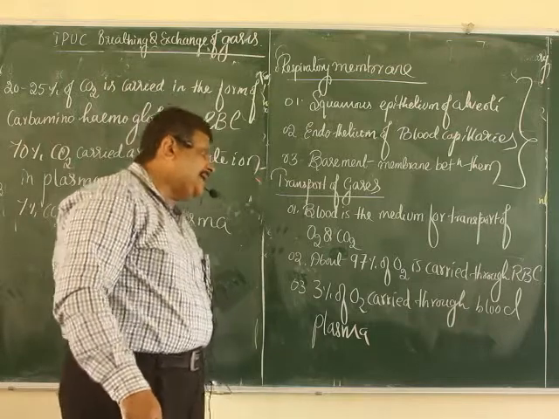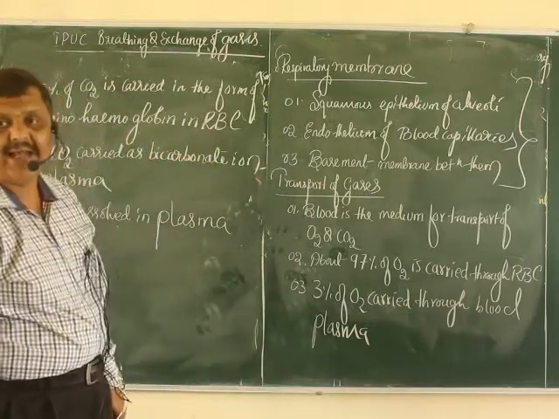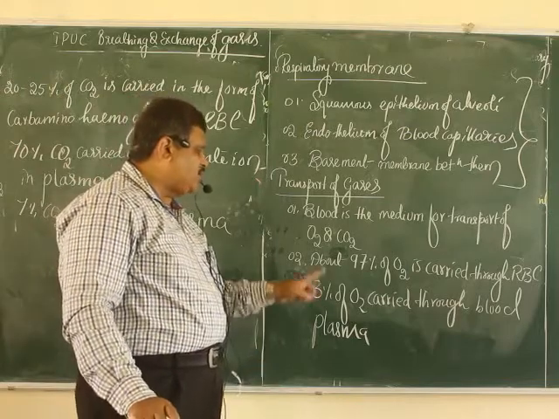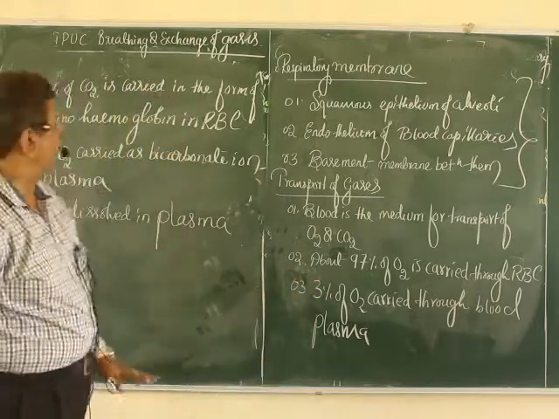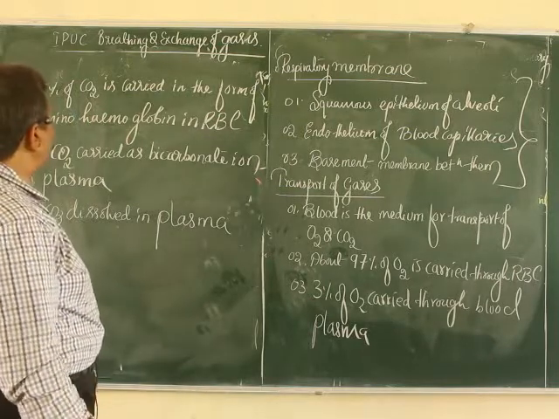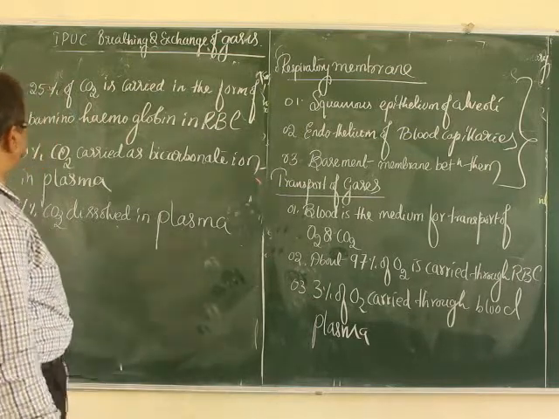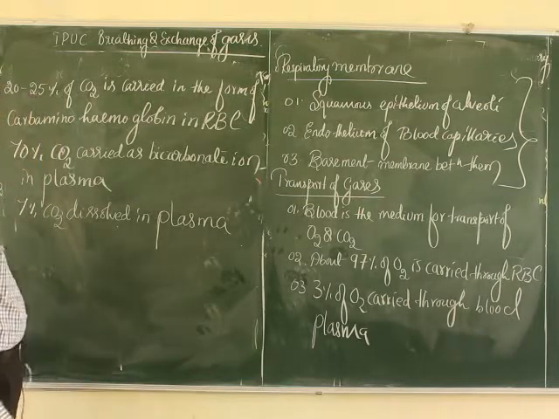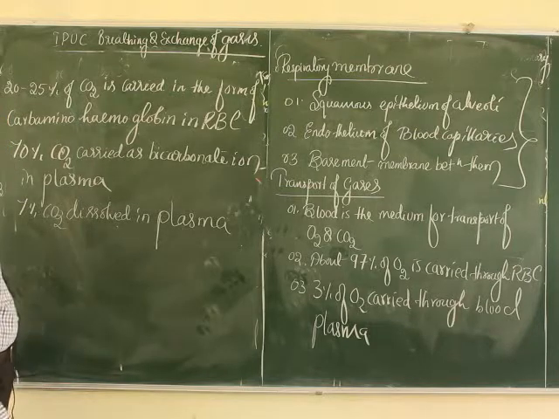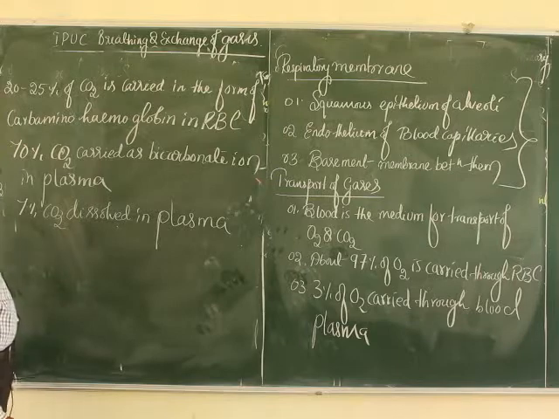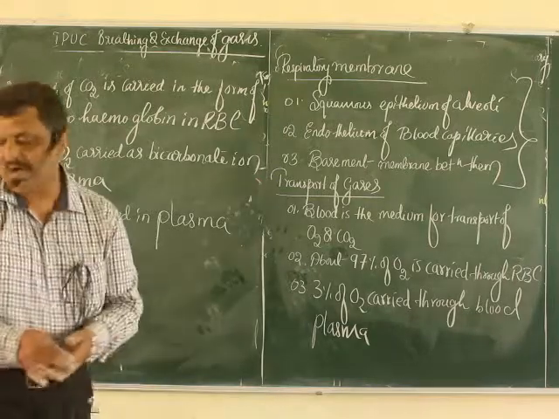About 97% of oxygen is carried through RBC. 3% of oxygen is carried through blood plasma. 20 to 25% of carbon dioxide is carried in the form of carbaminohemoglobin in RBC. 70% carbon dioxide is carried as bicarbonate in plasma. 7% carbon dioxide is dissolved in plasma.